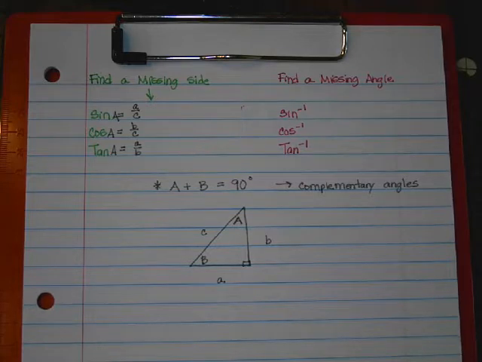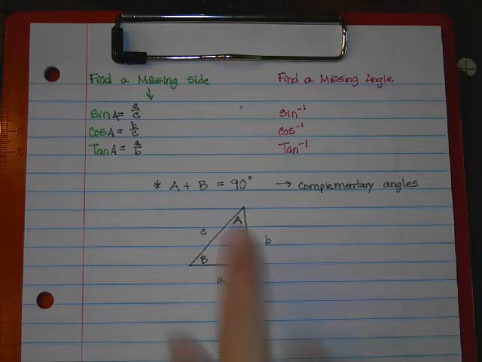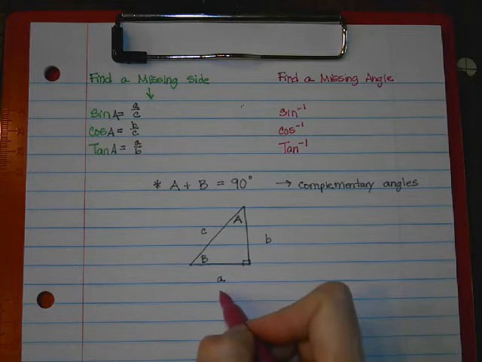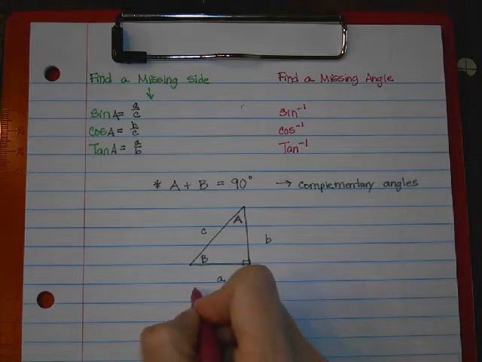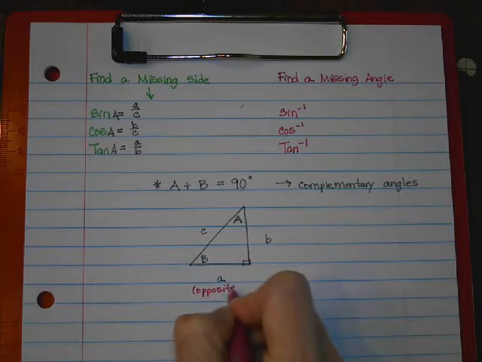Alright, so remember that I told you that wherever big A is, this represents our theta. So we learned yesterday that directly across from big A is little a, which is our opposite leg.